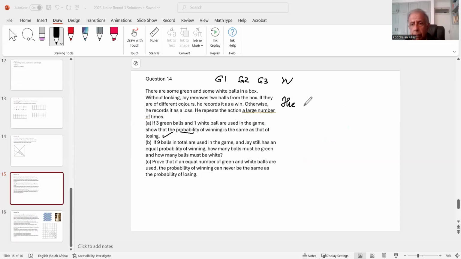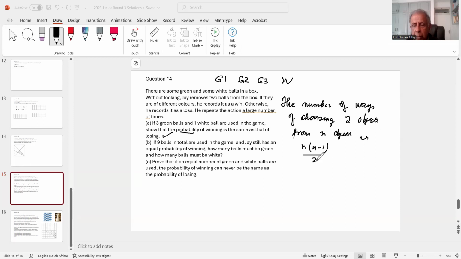The number of ways of choosing two objects from n objects is n into n minus 1 over 2. The number of ways of choosing two objects from n objects is n into n minus 1 over 2. Right. I'm just going to illustrate this.